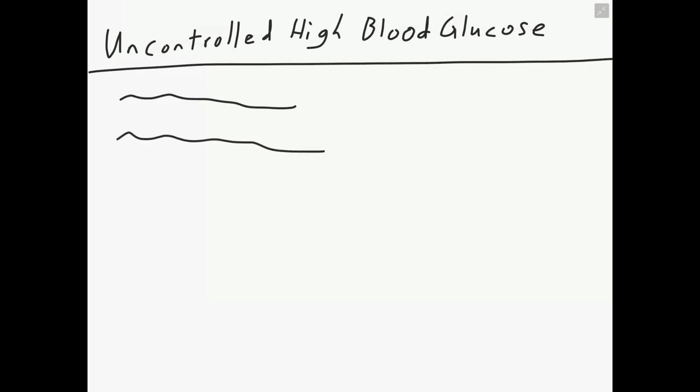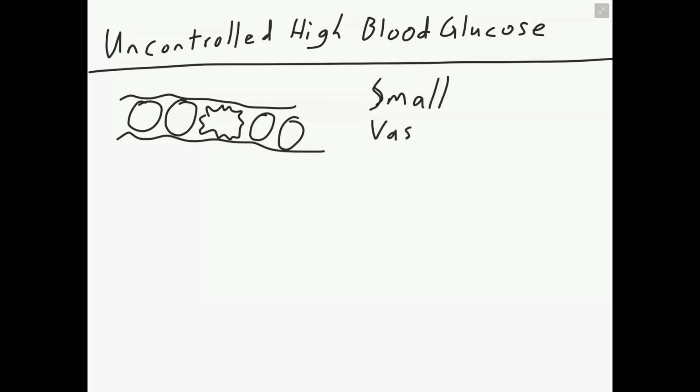Essentially, what can happen is what's called small vasculature damage. Your small vasculature areas are your areas in the body that have such little flow of blood that just a single red blood cell flows through.